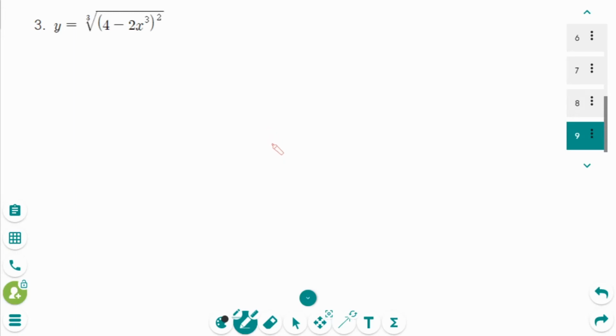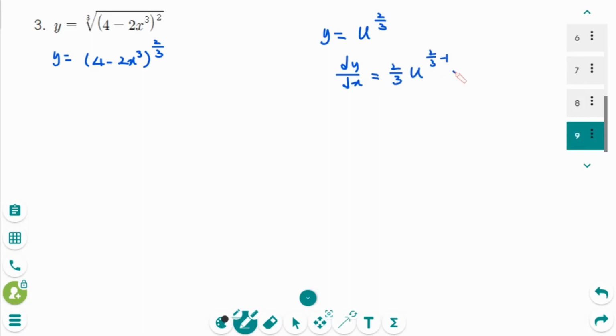Number 3, we can rewrite as y equals (4 minus 2x cubed) to the power of 2/3. Think this way, y equals u to the power of 2/3. Use the power rule, dy/dx equals 2/3 u to the power of 2/3 minus 1 times u prime.